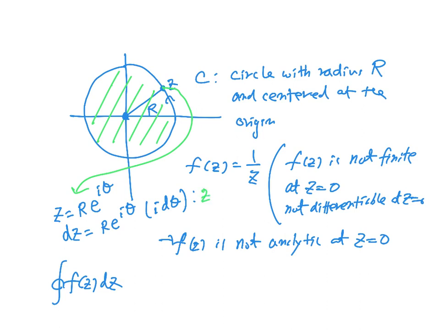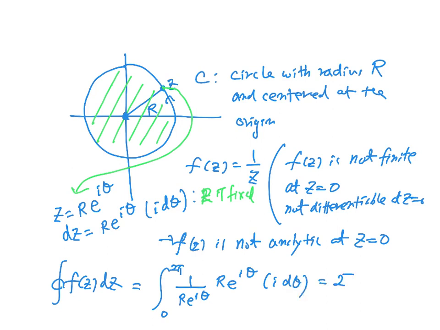Z is fixed, R is fixed. So for this integral, theta from 0 to 2 pi, 1 over z, that is 1 over R exponential i theta, times R exponential i theta, i d theta, becomes 2 pi i.